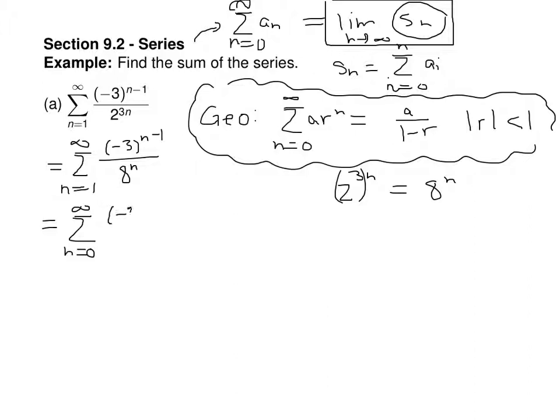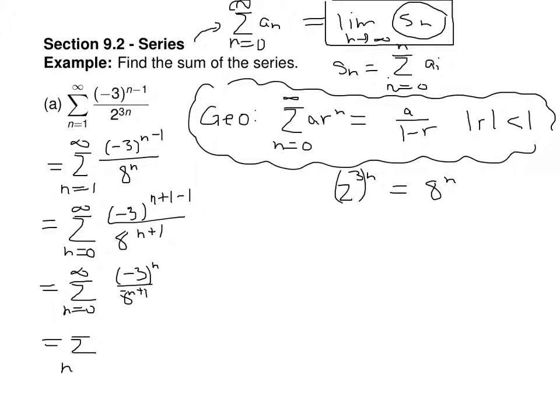So negative 3 to the n plus 1 minus 1 over 8 to the n plus 1. So that's the sum from 0 to infinity, negative 3 to the n over 8 to the n plus 1, or a sum from n equals 0 to infinity, 1/8 times negative 3/8 to the n.